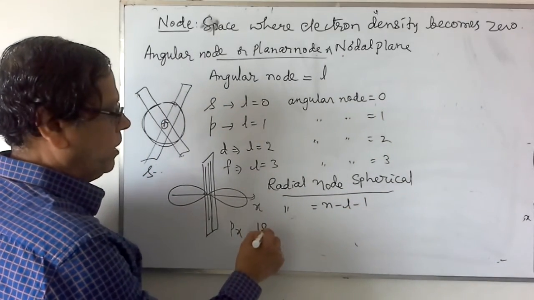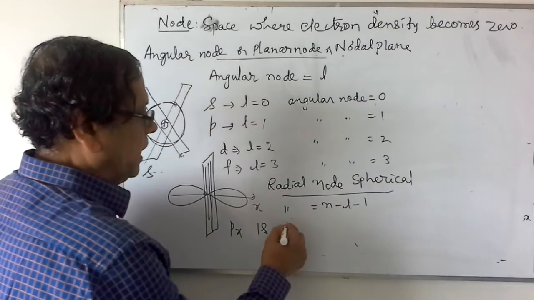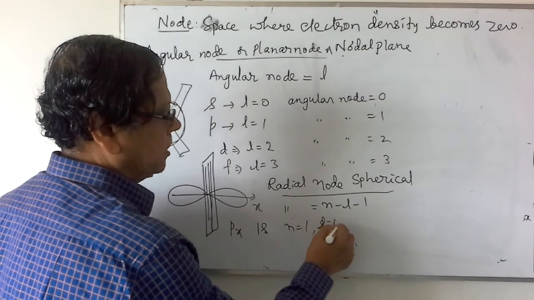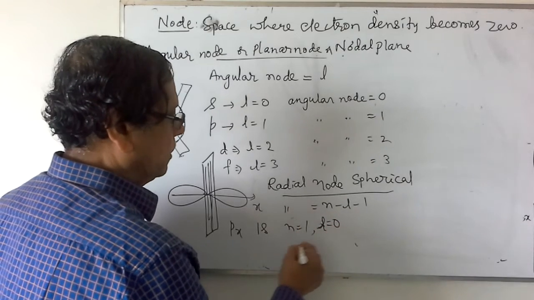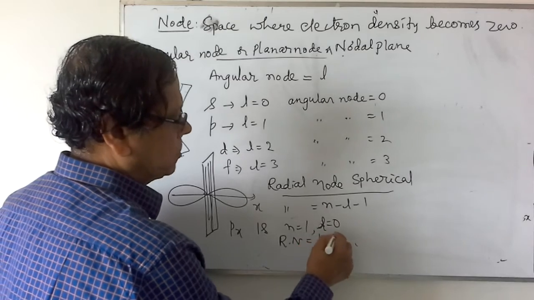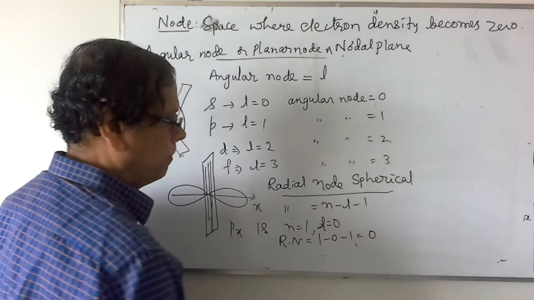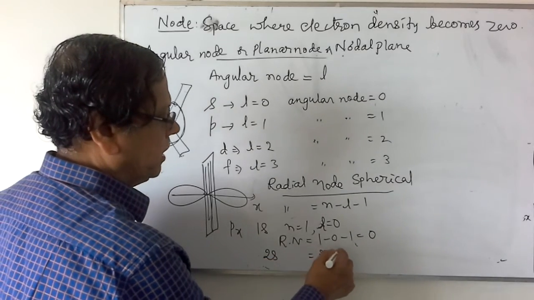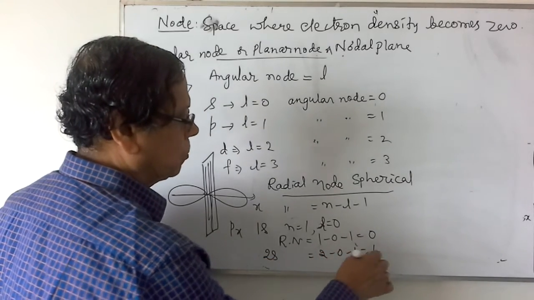Say for example, for the 1s orbital, n is equal to 1, L is equal to 0 for the s orbital. Therefore, we have this radial node is equal to 1 minus 0 minus 1, that is equal to 0. For the 2s orbital, this becomes 2 minus 0 minus 1, that is equal to 1.